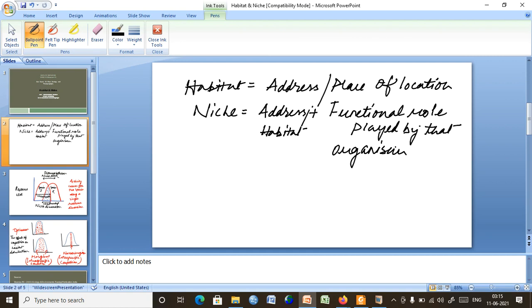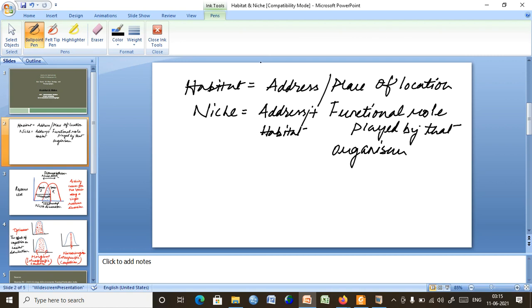Depending on these conditions, an organism can evolve some local variation. So the niche is very important to understand its various interactions with the environment.